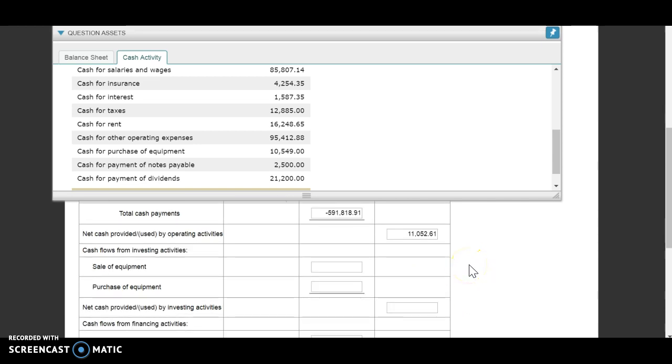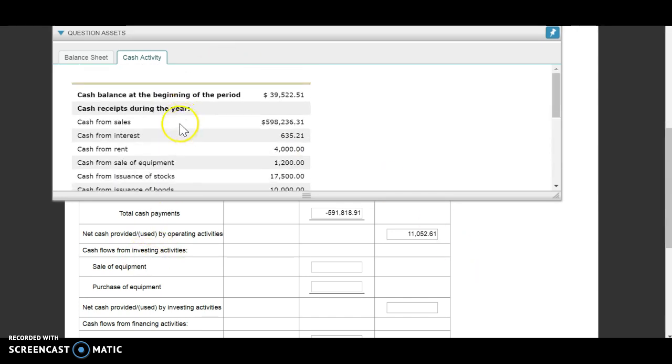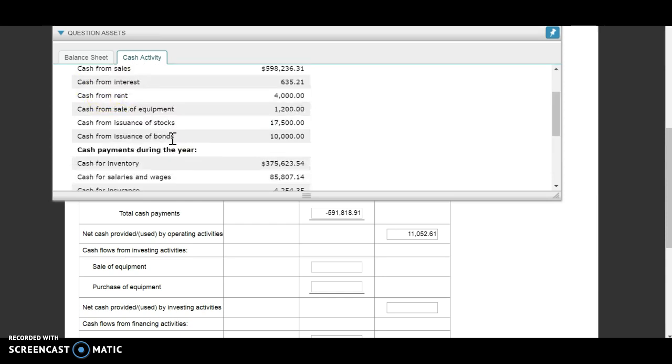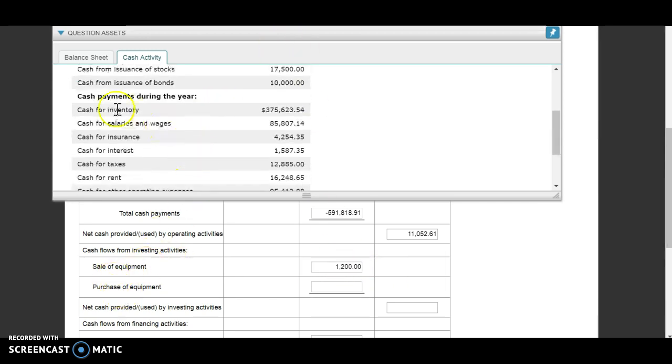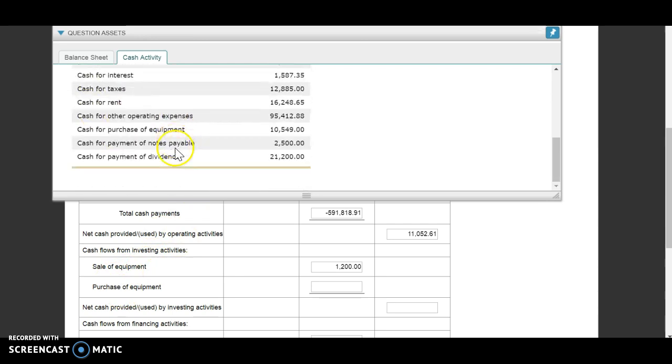Moving on to our next part, we have our cash flows from investing activities. So I need to go back up to my cash receipts during the year part. And I have cash that I received from sale of my equipment, which is $1,200. And then I had a purchase of equipment, so that would be under my cash payments during the year.